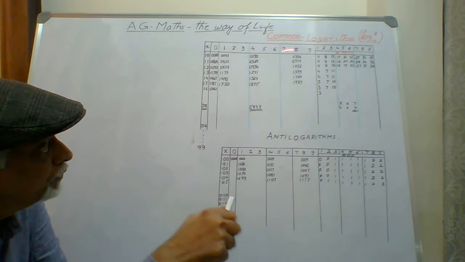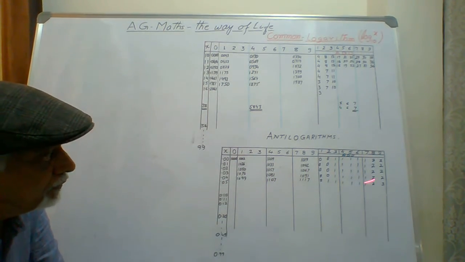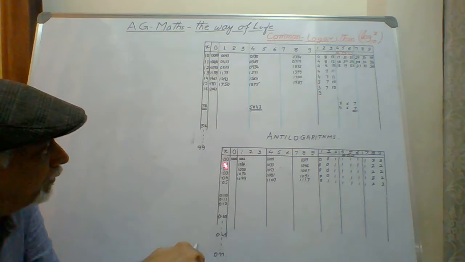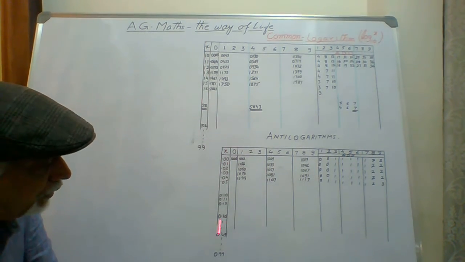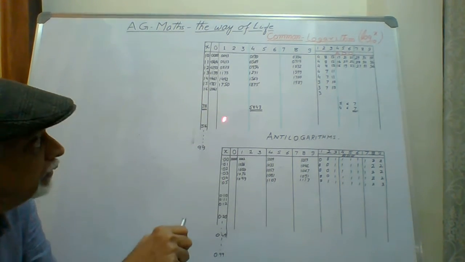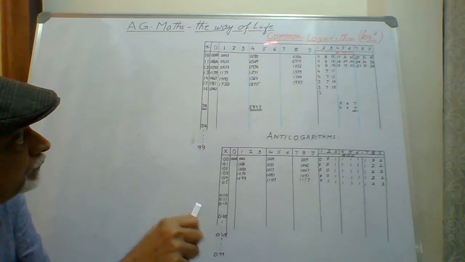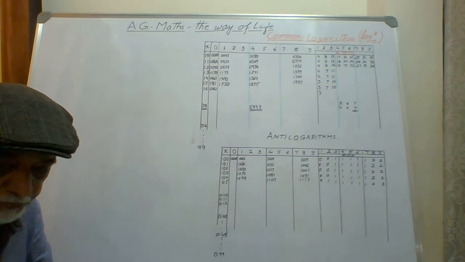I'll tell you how to use this log table, and the anti-logarithm table is also of a similar type, but here the first column is important. You'll find in the first column it has all decimal values, whereas in the common logarithm heading you'll find it is with the x values.